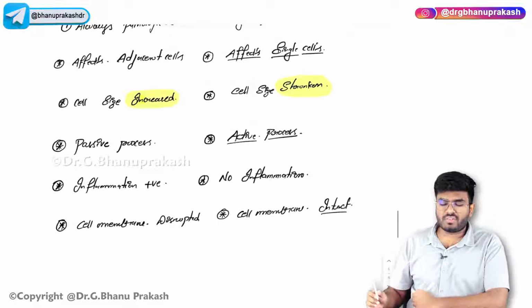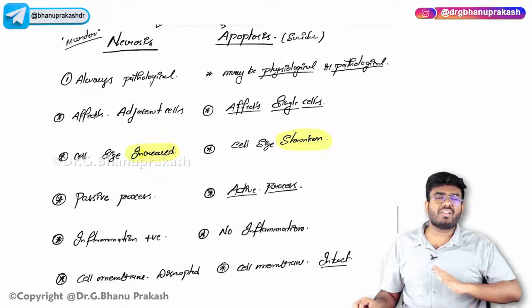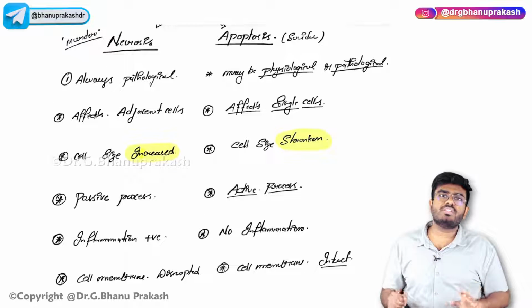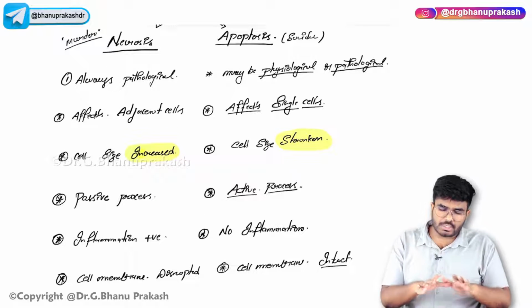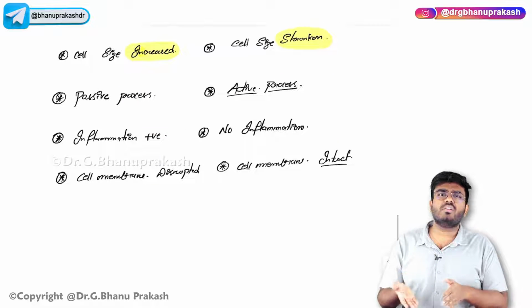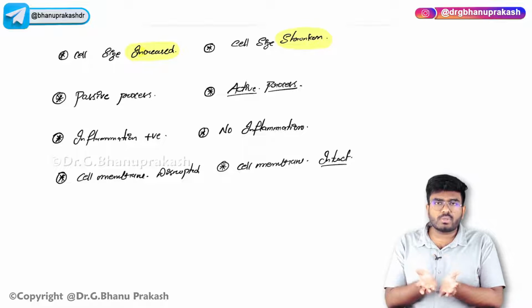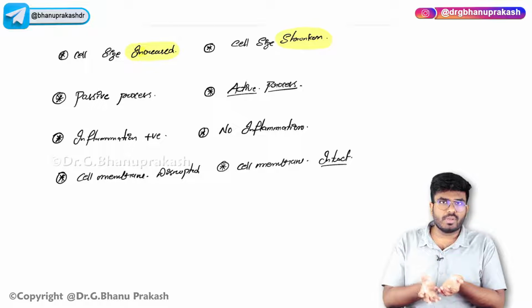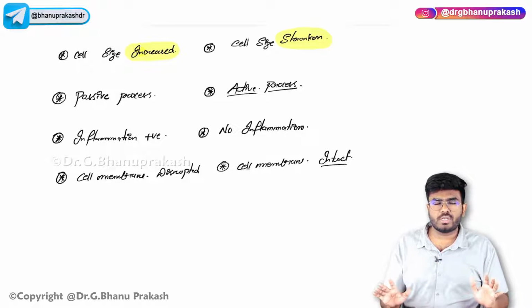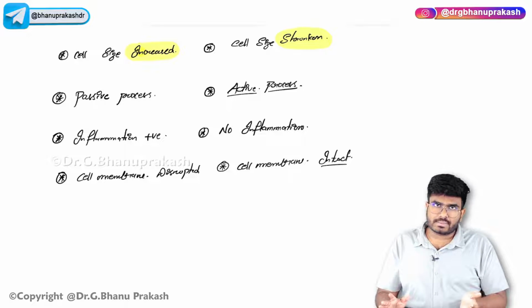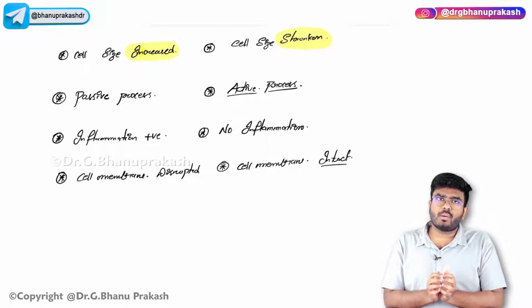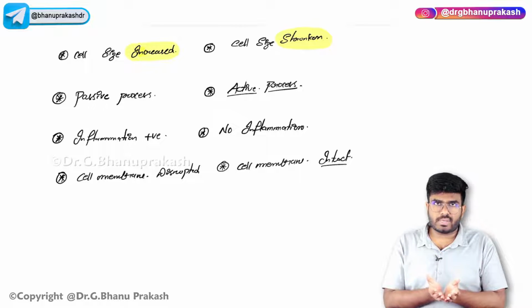So, after irreversible cell injury, the cell membrane is so much damaged, the mitochondria is so much damaged, the nucleus is so much damaged, automatically the cell will undergo what? Necrosis. But in apoptosis, it is not like that. The cell still has its cell membrane, there is no damage to it, everything is normal, but the cell is dying. So, the cell size shrinks in apoptosis with the intact cell membrane.